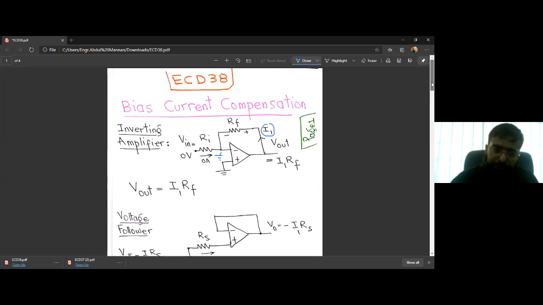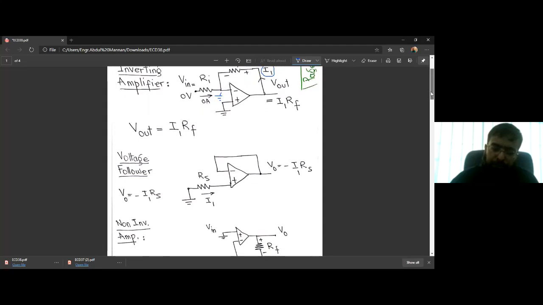In the case of a voltage follower, we have this undesired current I1 flowing into the non-inverting terminal when we haven't applied a non-zero voltage. In fact, we have applied 0 volts here, but still we have an input current due to leakage of the transistor, and due to this we have I1 times RS voltage here with respect to ground, because the left hand side of this resistor is ground.